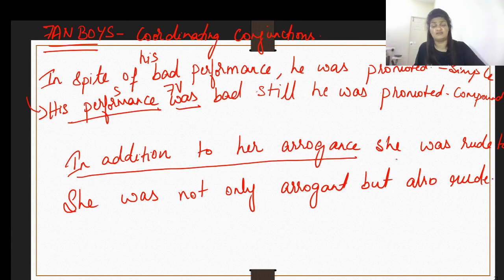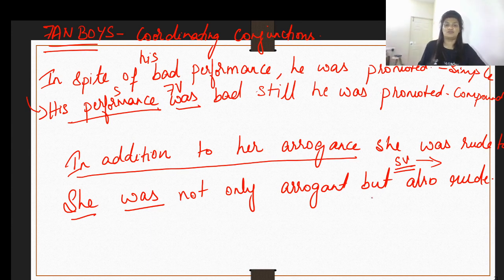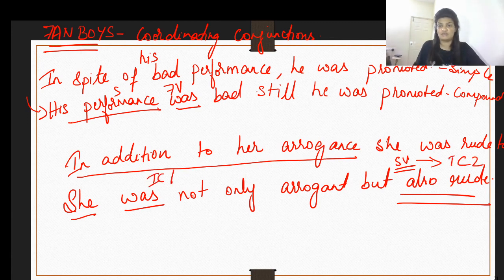Now you can see that there is no mention of subject or verb over here. That is because it is quite understood that we are referring to the same subject and the verb, so it's not been repeated. These things are pretty common. You can omit the subject and the verb if necessary, if you do not want to repeat it. These are accepted notions, but still this is our clause number 2. This is our independent clause number 1, and this is our independent clause number 2. So these are our simple statements which are converted into compound sentences with the help of coordinating conjunctions.